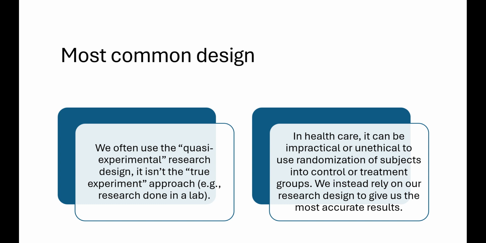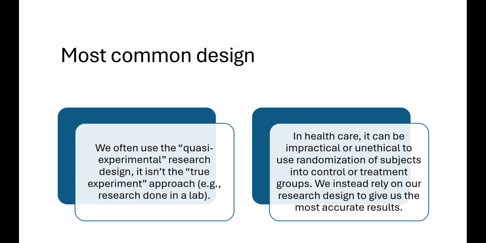So if we have a really good program that we know works, we wouldn't want to withhold a really beneficial program from our patients for the sake of doing a randomized experiment.